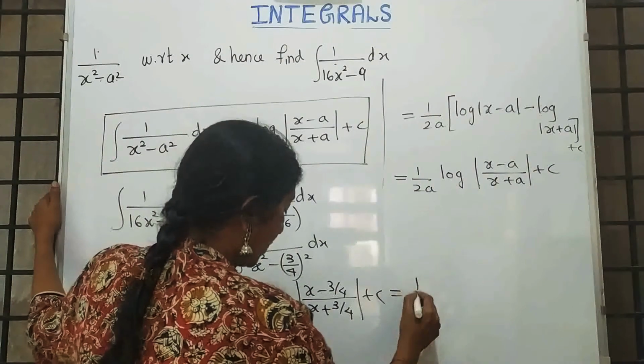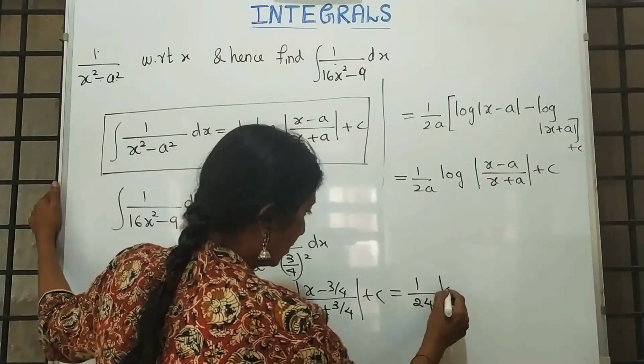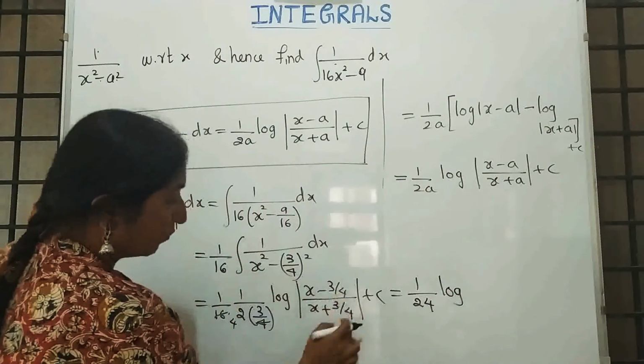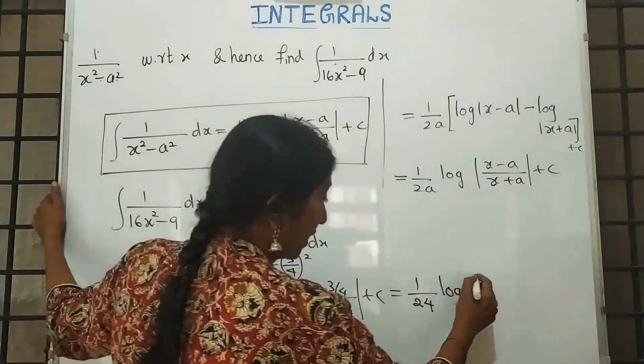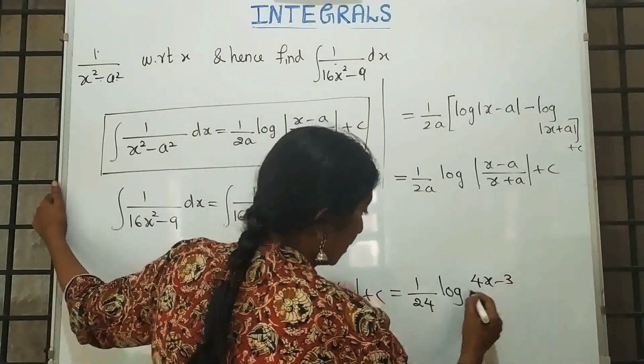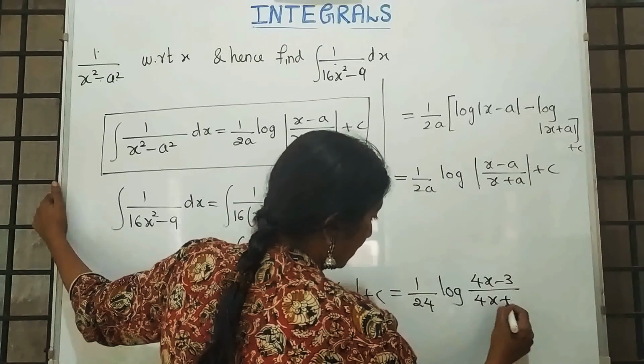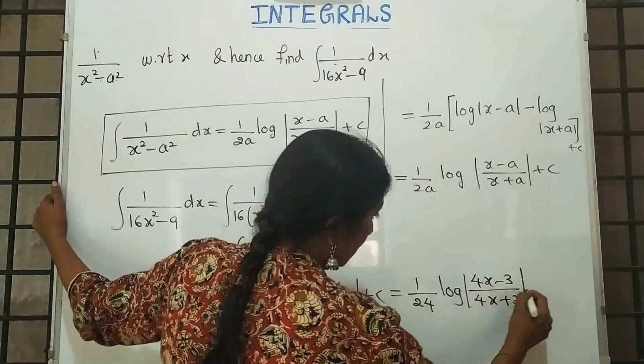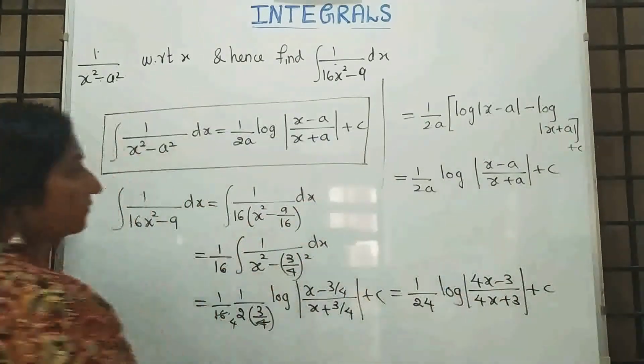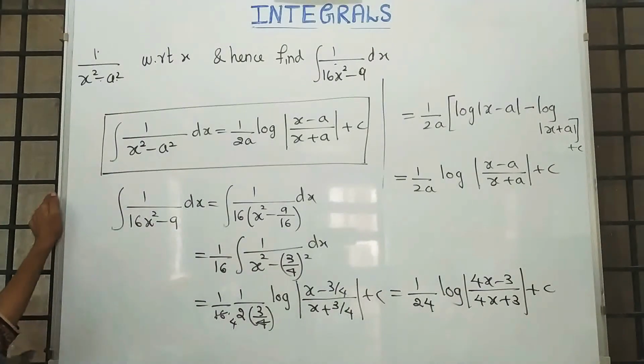So it is 1 upon 24 log of, after taking the LCM, that 4 gets cancelled, 4x minus 3 upon 4x plus 3 plus c. This is the second one.